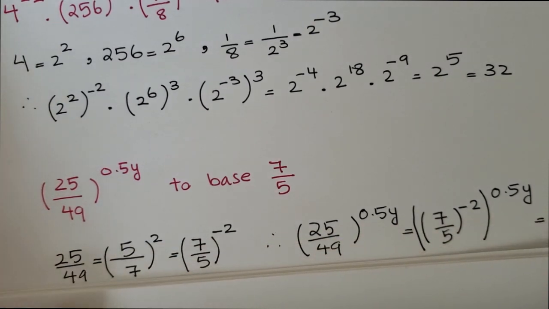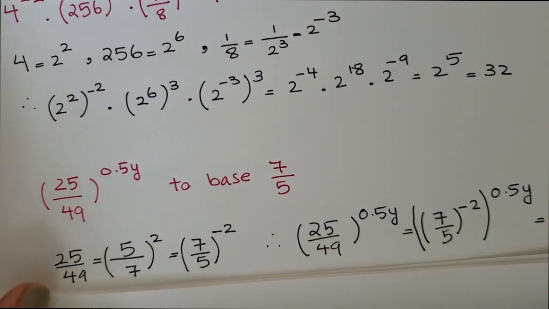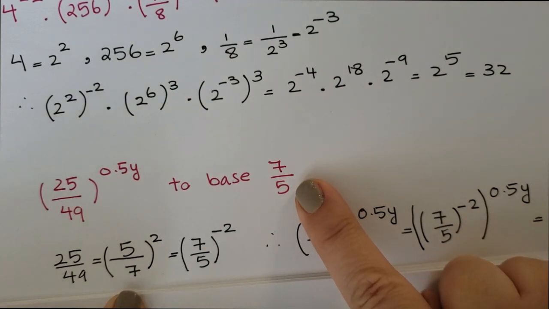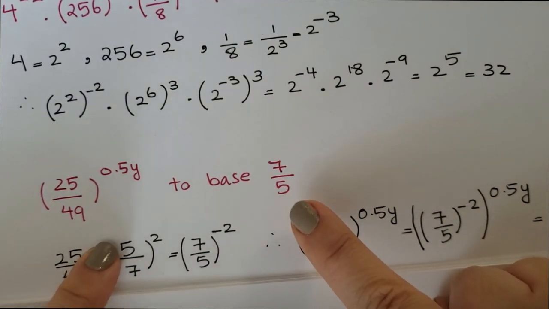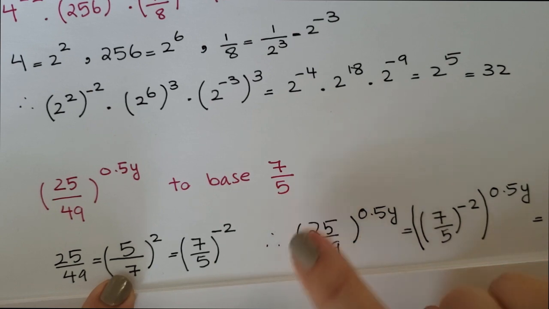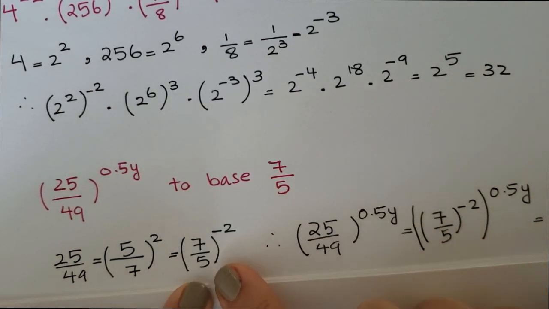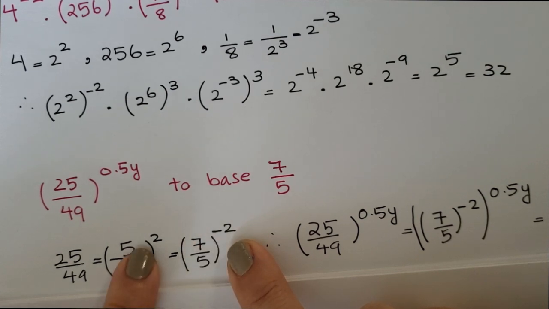Okay, so 25 over 49, I can rewrite it as 5 over 7 to the power 2. Okay, but if you look closely, they want the base to be 7 over 5, not 5 over 7. These are actually reciprocal, or they are flipped. So what I'll do, I flip this one. I flip the base from 5 over 7 to 7 over 5, and I give a negative sign to the exponent.